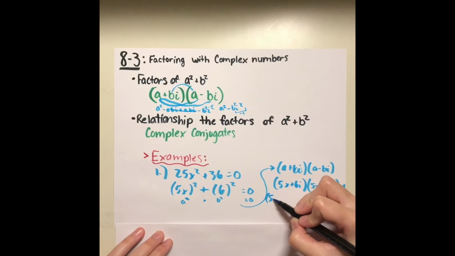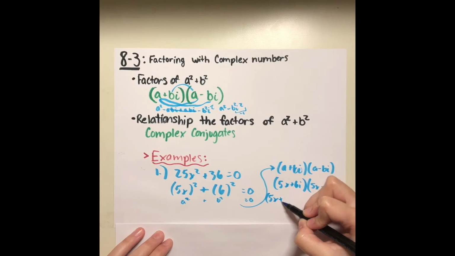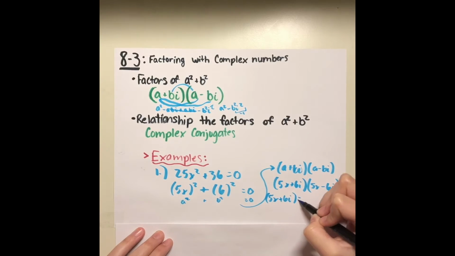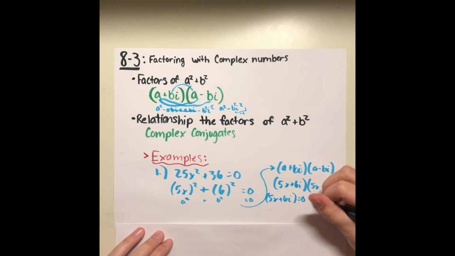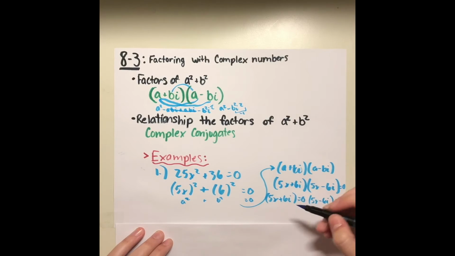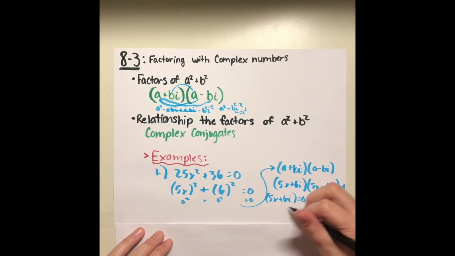So 5x plus 6i equals 0, and 5x minus 6i equals 0. Then you just solve it normally. You subtract 6i from both sides and then divide by 5.